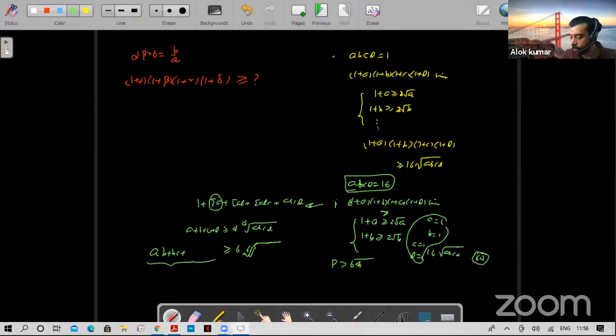There is a nice method though. There is an easier one, or more efficient, I would say. This also is nice because I am using just AMGM, but it is adding a lot of numbers. Now, one can do this because I hope that equality will hold for A equal to 2. So from the beginning only, I will honor this. And 1 plus A, I will not write as 1 plus A, just as I did here. Because equality has 3, I will write this as 1 plus A over 3 plus A over 3 plus A over 3.